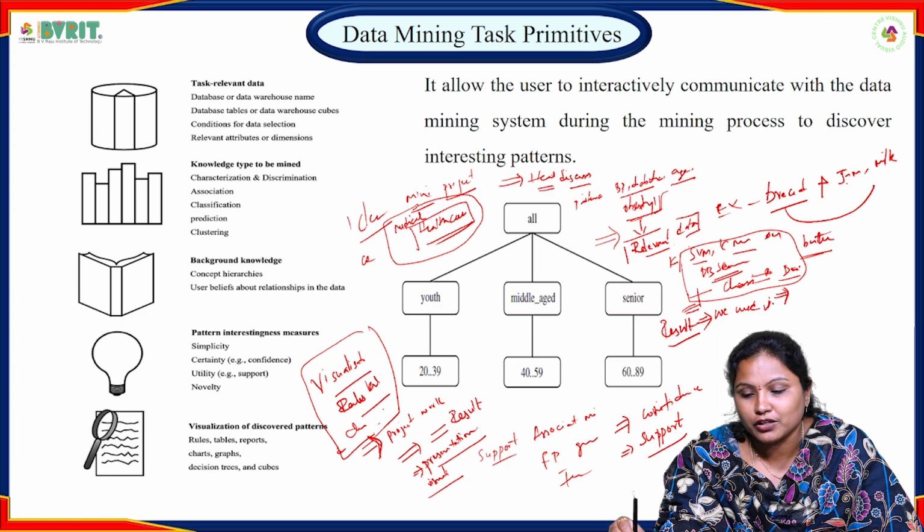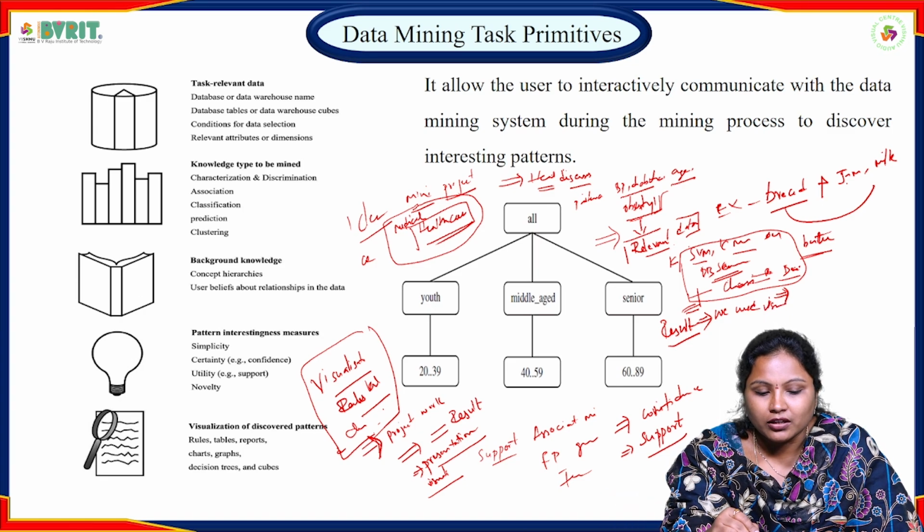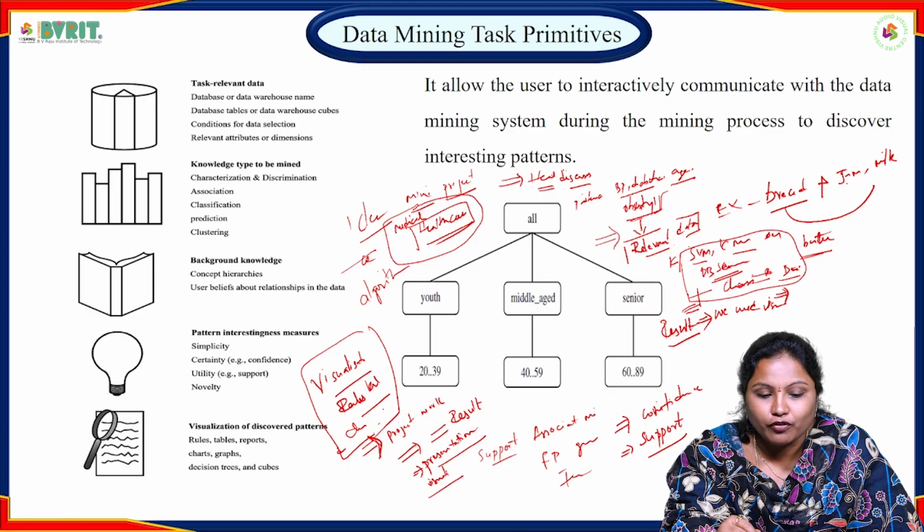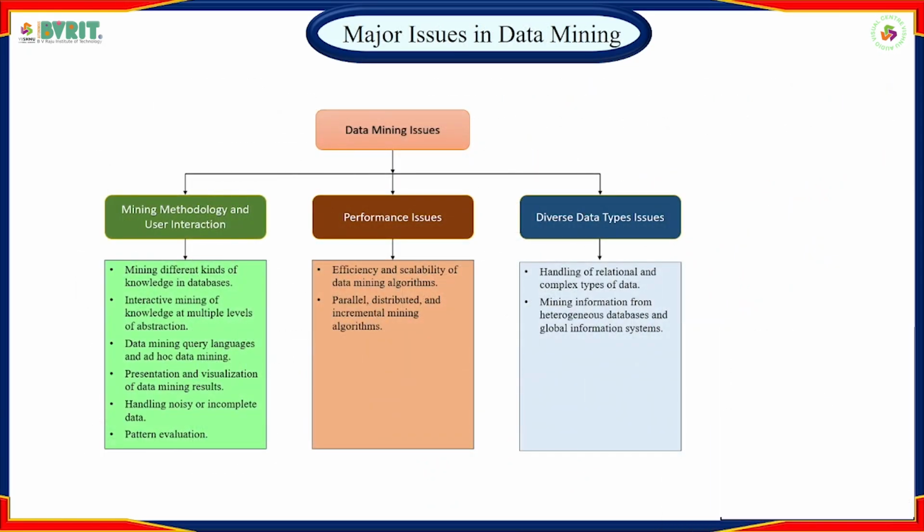The visualization part should be good, like what algorithms we used, what data, what parameters of data, what data sets we used, and if there are any graph structures or results, we need to consider all these things. So these are the general task primitives which are used for data mining, so the user can interactively work on the data mining process.